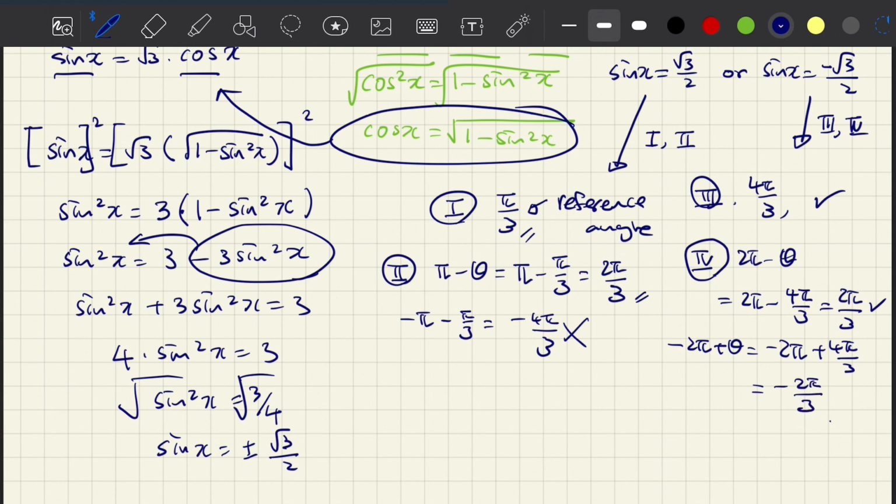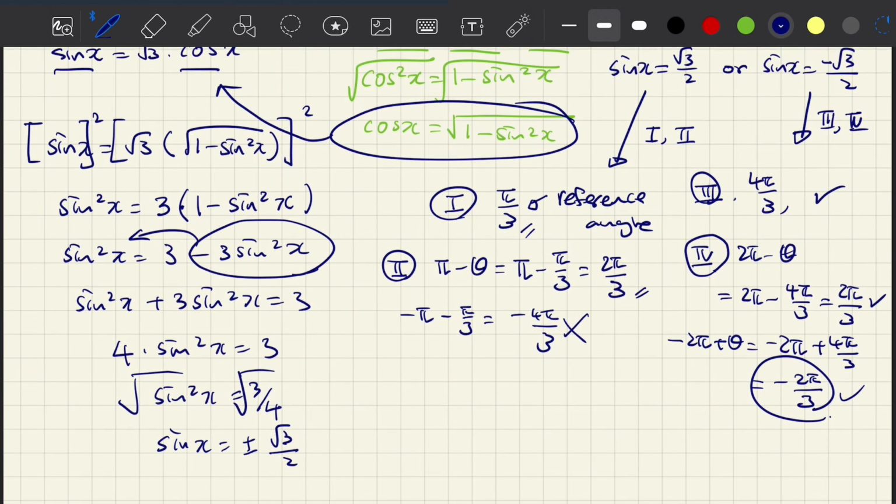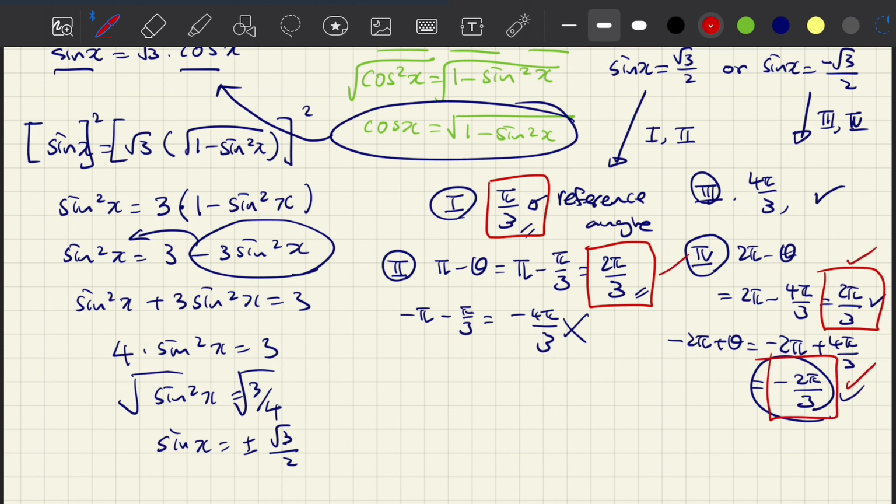Okay, so this is our last angle. Then we now have pi over 3, 2 pi over 3, 2 pi over 3, and negative 2 pi over 3 as our possible answers, right? And we know that 4 pi over 3 is not the answer because it's over pi already.